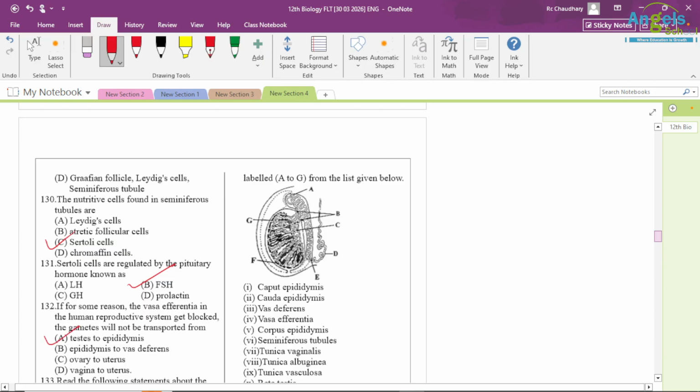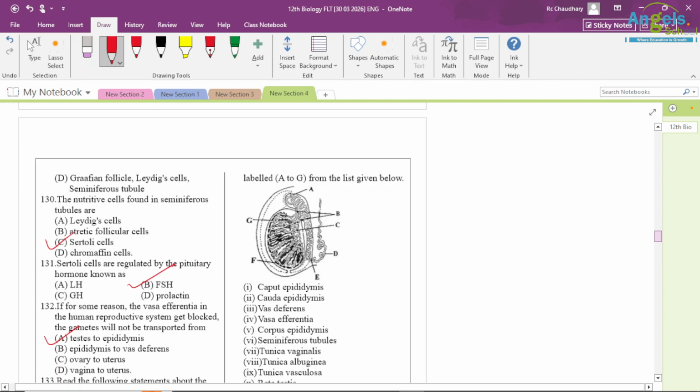Again, label the diagram. A carries urine and sperm cells, wrong option. A is seminal vesicle, so it only carries sperm cells, not urine. B secretes a fluid that helps in lubricating the penis, so it is correct.